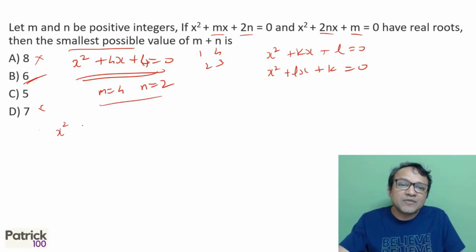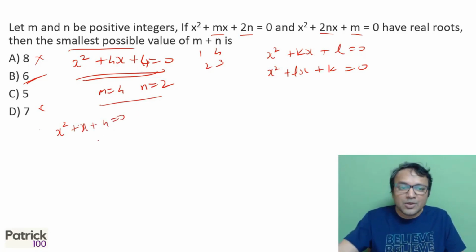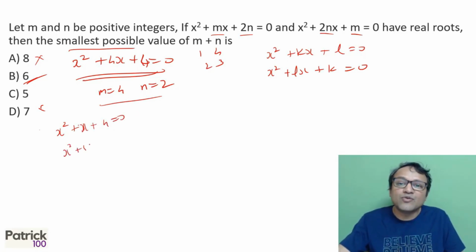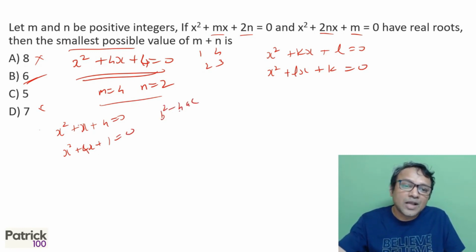For example, if I take m and n as 1 and 4, you can't have x squared plus x plus 4 equal to 0, and then also x squared plus 4x plus 1 equal to 0, as real roots, because b squared minus 4ac has to be more than or equal to 0. In the first case, b squared minus 4ac is less than 0, so not possible.